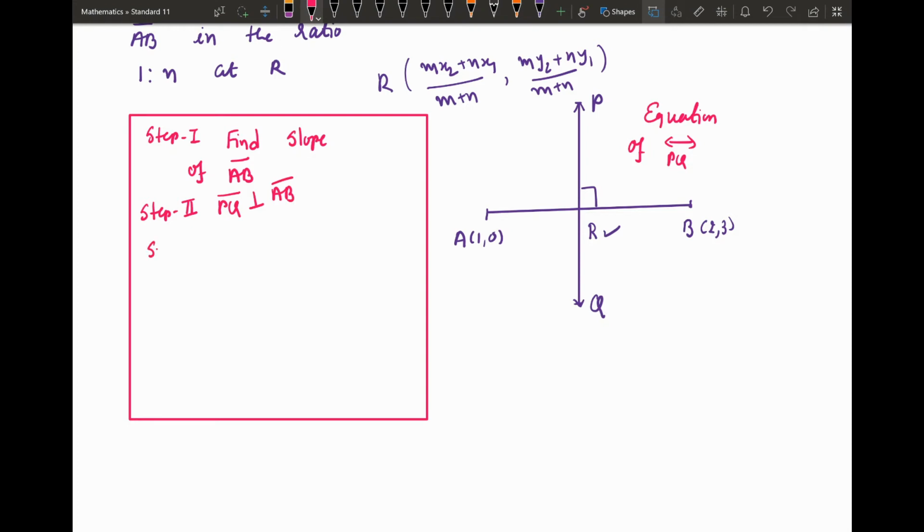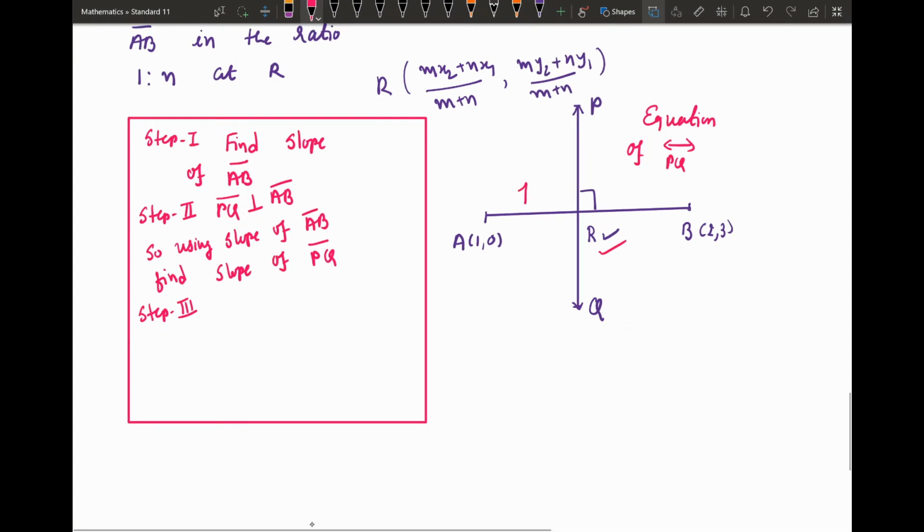So using slope of line segment AB, find slope of PQ. And step 3, we have given point R divides line segment AB in the ratio 1:n. So find coordinates of R.